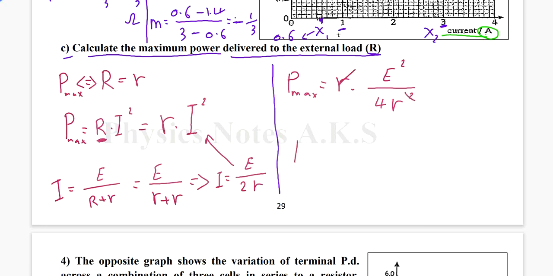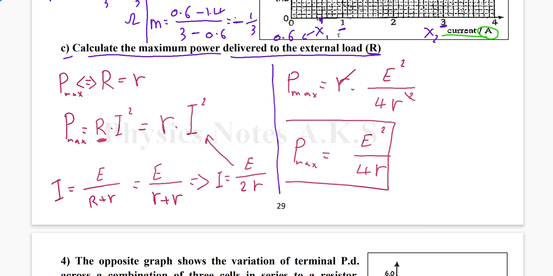What do I still have? So P max is equal to E squared over 4r, where r is the internal resistance. This is the formula of the maximum power that is delivered.